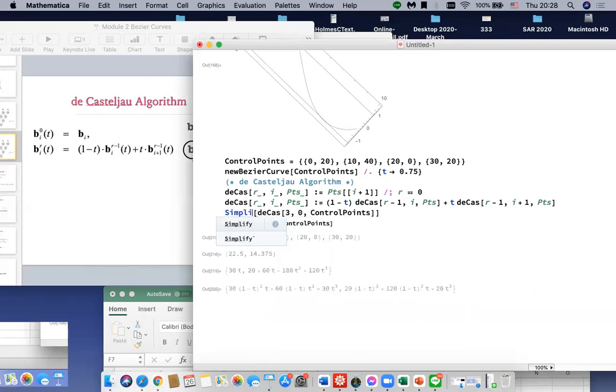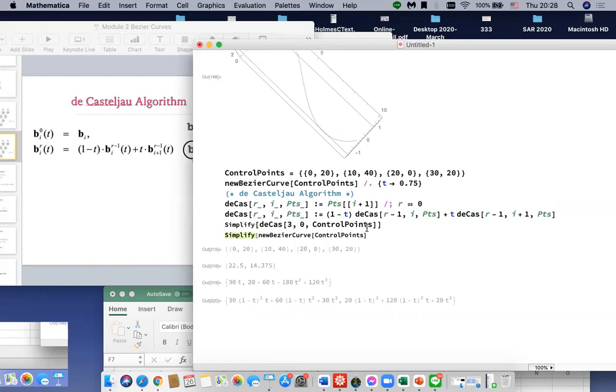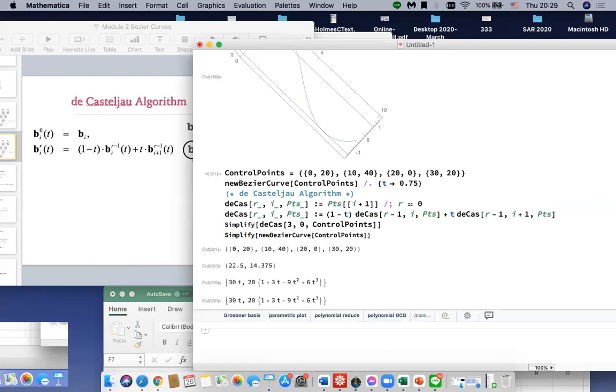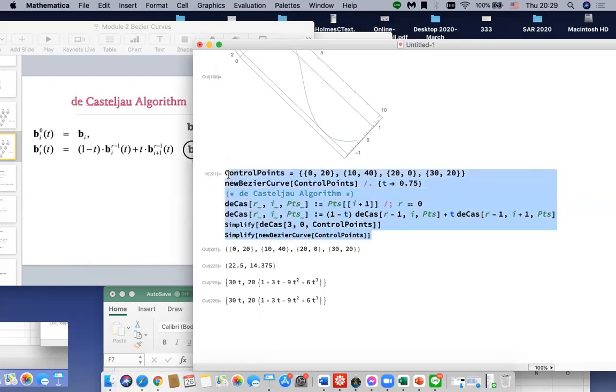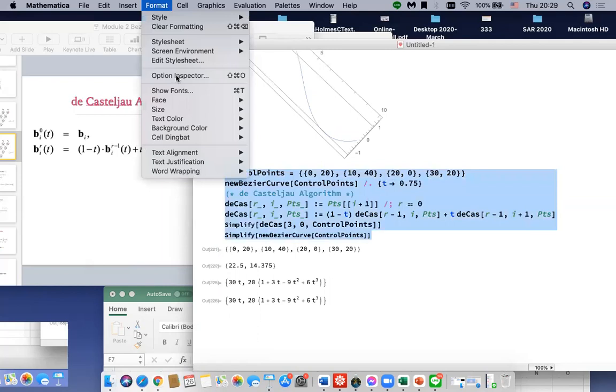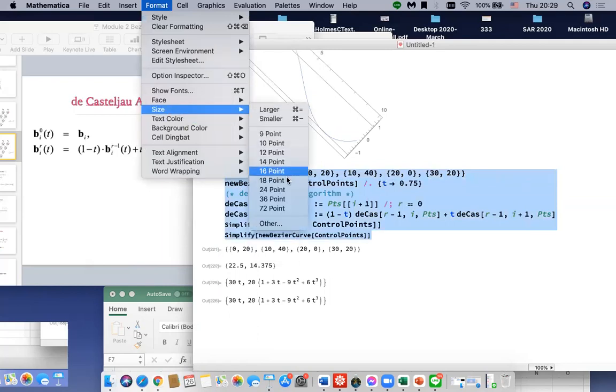We use Simplify here. Are they now the same? Yes. It's supposed to be yes.